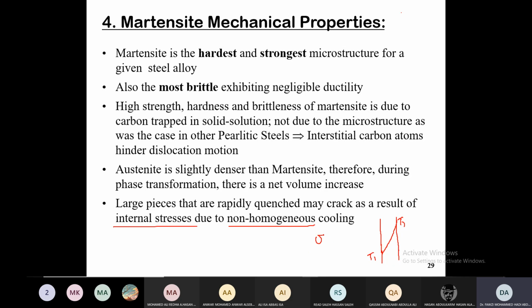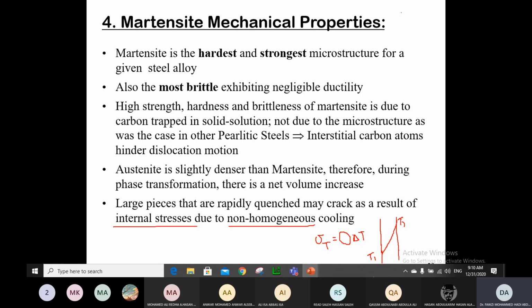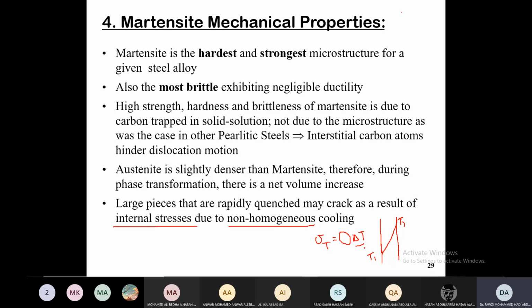So sigma T, the thermal stress, is equal to an expression that you will cover in your mechanics course, MEMG 370. I'm not concerned with all the values there. I'm concerned with the delta T, which is equal to T2 minus T1, the higher temperature minus the lower temperature. The higher the temperature gradient, the higher the thermal stress, which is an internal stress in the material.